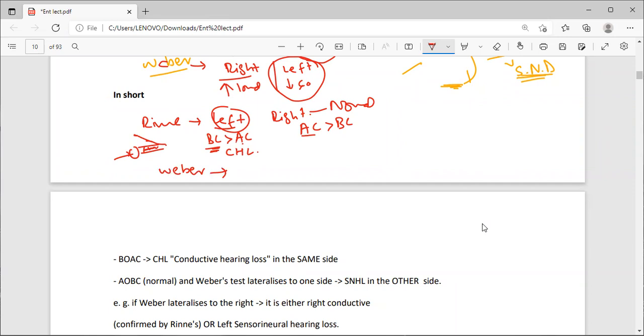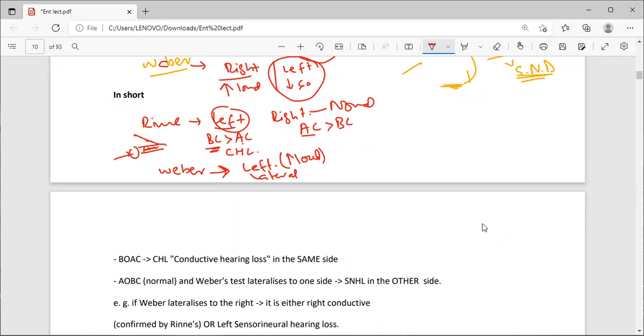On the Weber test, I can tell you that because it is the left ear, there will be lateralization. Why? Because the left ear will perceive the sound very loud. Because I told you it becomes oversensitive. The cochlea becomes oversensitive.